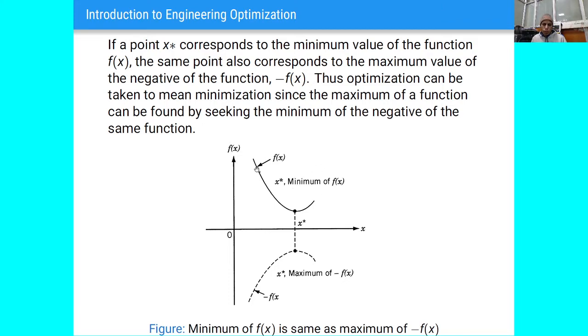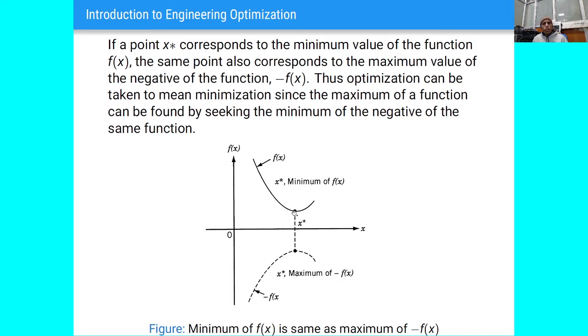Suppose it is a case of minimization: in a metal forming process, we want to minimize the production time of a component. This is the plot of the corresponding function, and we are minimizing the total function f(x).